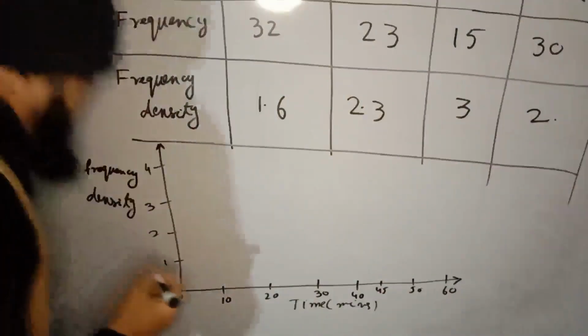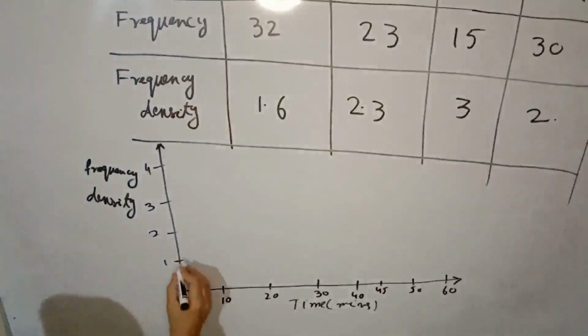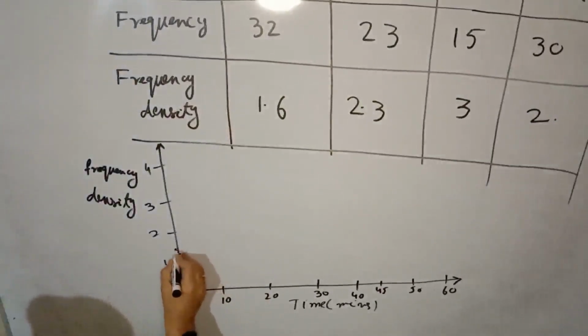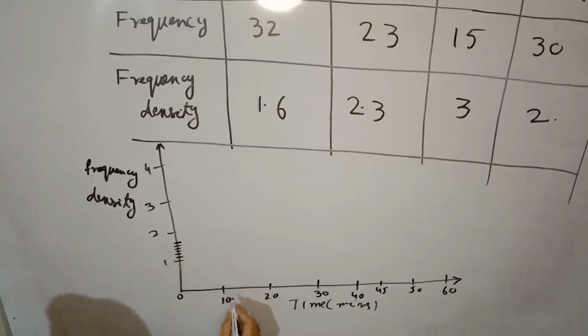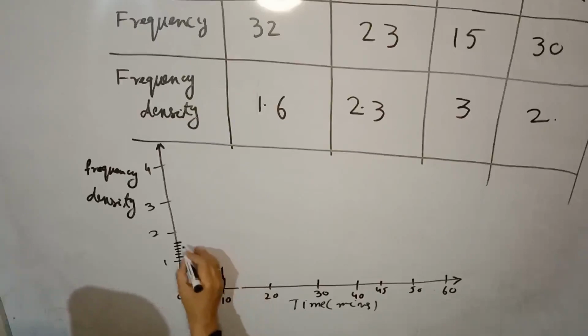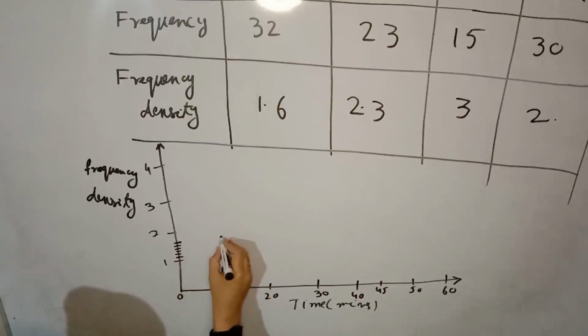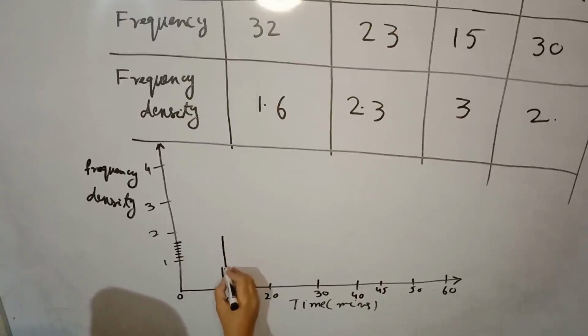So on the grid there are spaces for each 0.1, so 1.1, 1.2, 1.3, 1.4, 1.5, 1.6. So I draw from 10 with a straight line up till this point, which is 1.6 approximately.